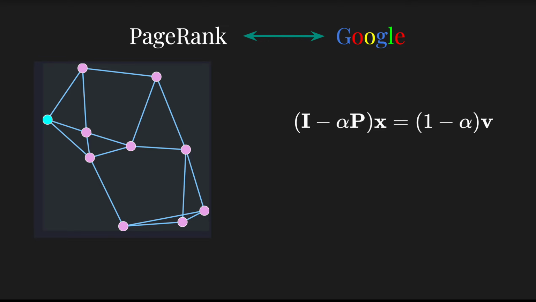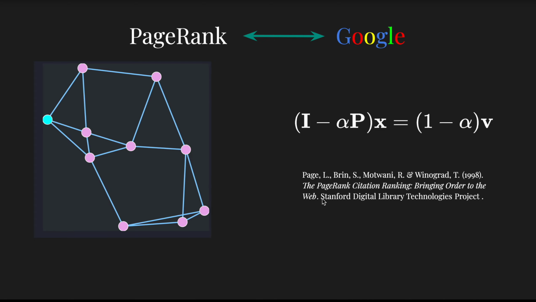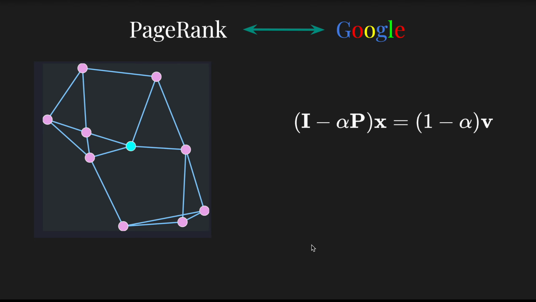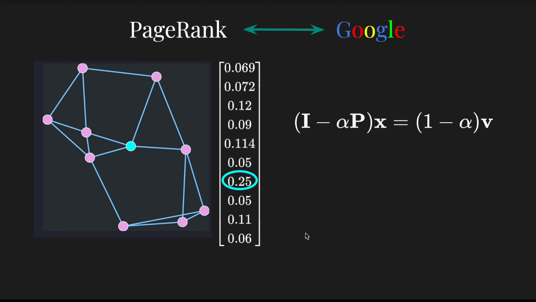So we call alpha the teleportation probability. Google decided the value of alpha to be 0.85. So with that value and the blue node as the seed node, we get this value for X. This can then be translated into a rank like this according to the order. And when the seed node changes, the PageRank vector would change like this, which would further change the rank of the nodes.